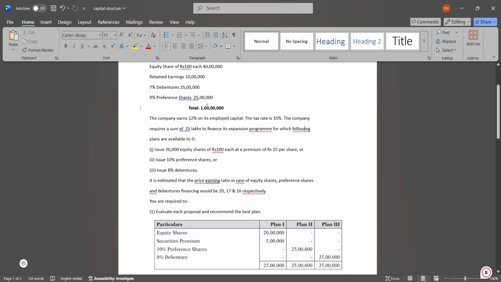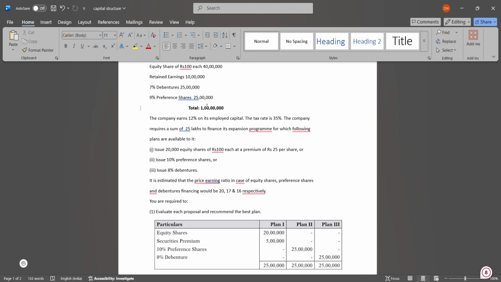So the earning before interest and tax is 12 lakhs in the current situation. The tax rate is 35%. The company requires a sum of 25 lakhs for its expansion. So the total amount right now is 1 crore 25 lakhs.